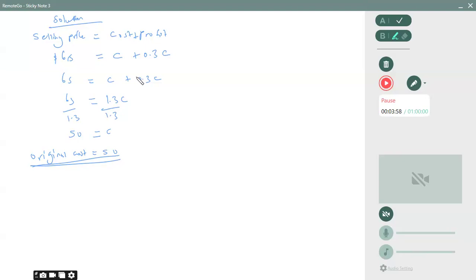Now, 1.3, when you see C is represented by 1 plus 0.3 of C. So C is represented by a 1 like this. It's like the other one we did, the one we did the area.